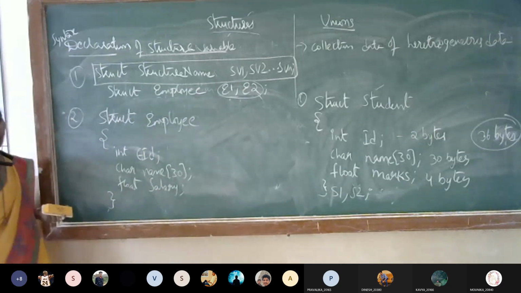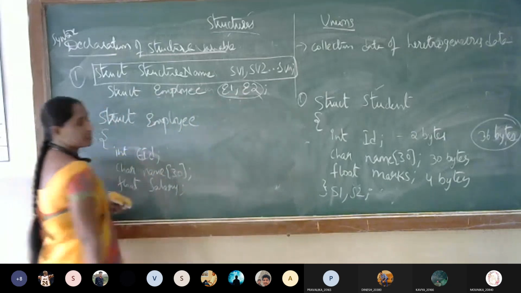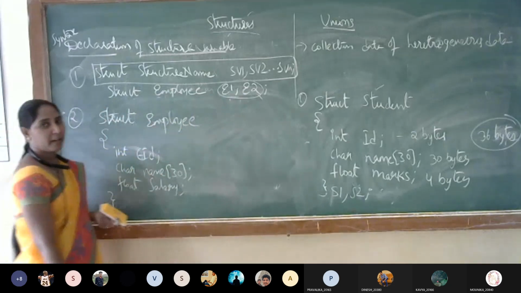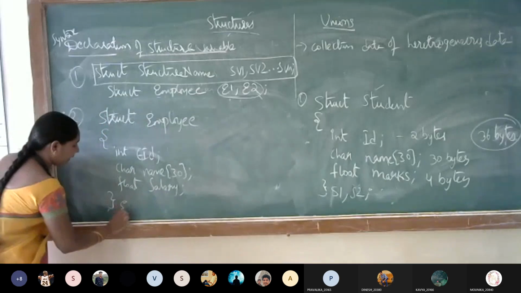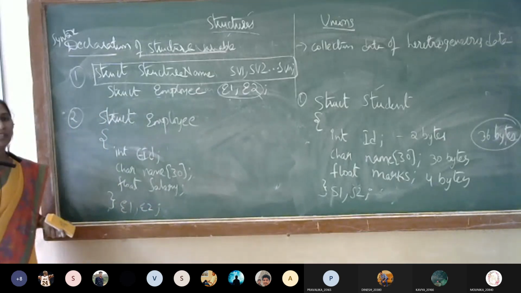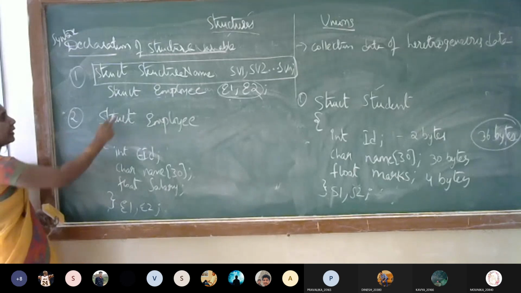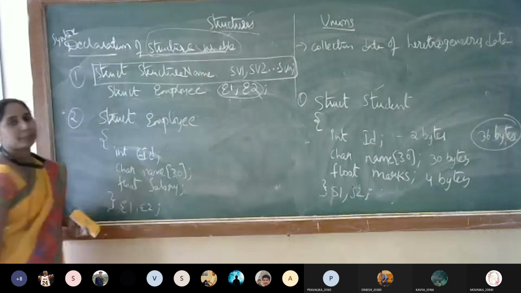Then close. After closing, I need to specify the employee variables. What employee variables do I have? I have declared only 2 employee variables. So I'll write directly E1 comma E2 semicolon. This is the second method of declaring the structure variables.